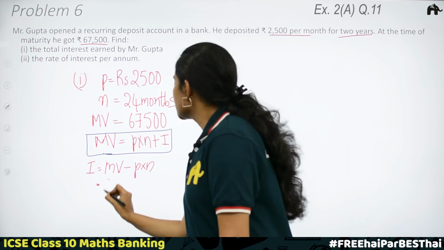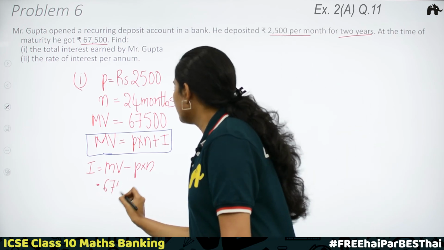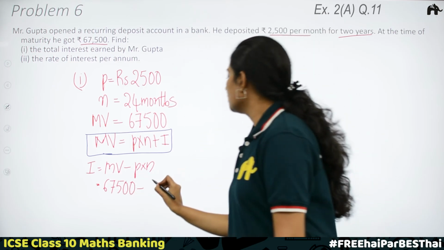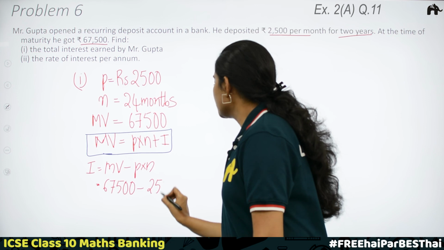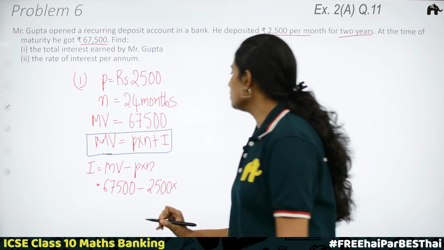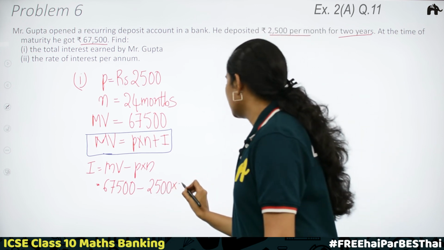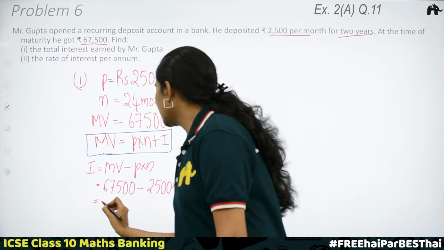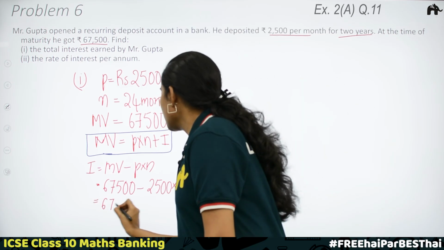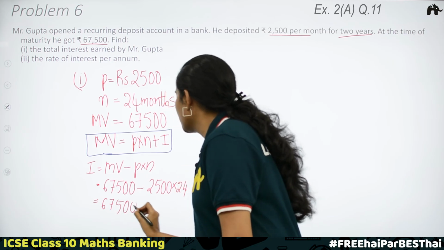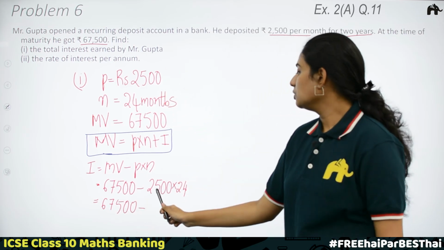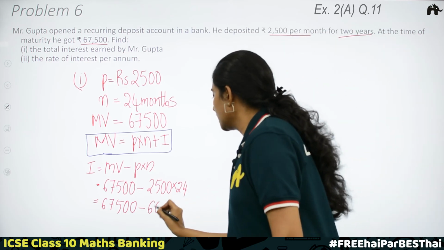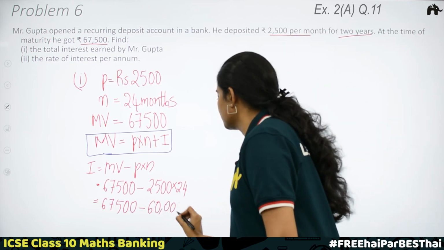Maturity value is 67,500 minus P, 2,500 into n, that is 24. We will be getting 67,500 minus 2,500 into 24, that is 60,000.